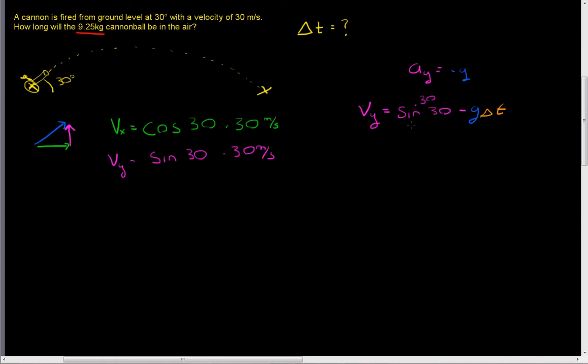My apologies, we are multiplying sine of 30 times 30.